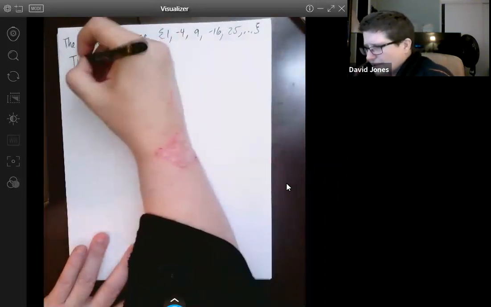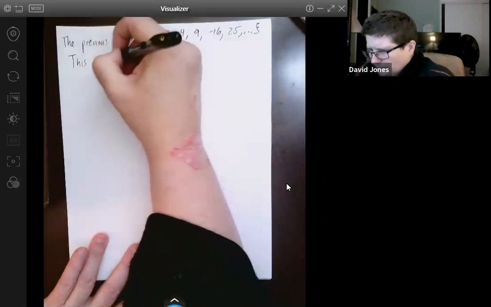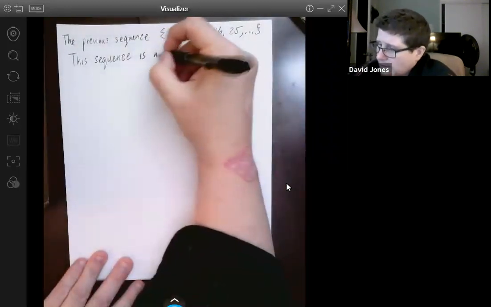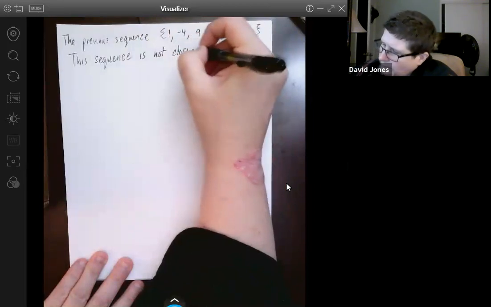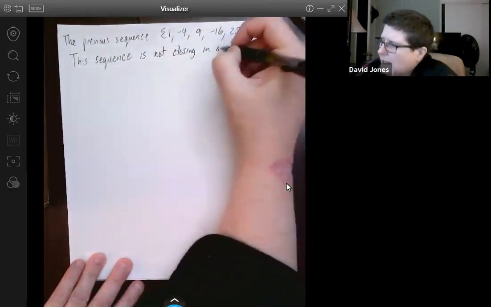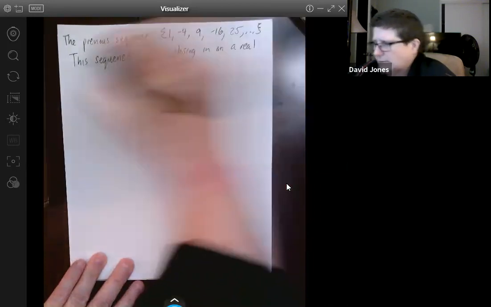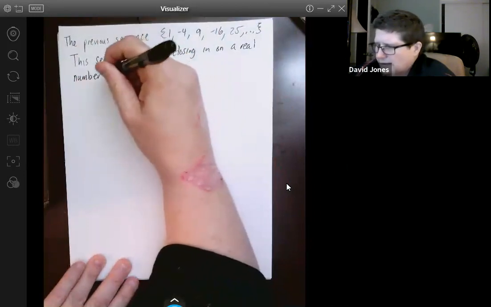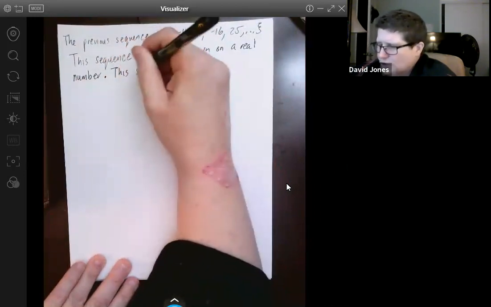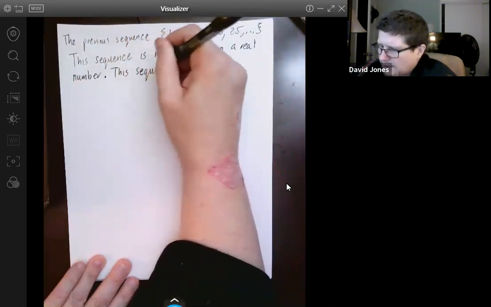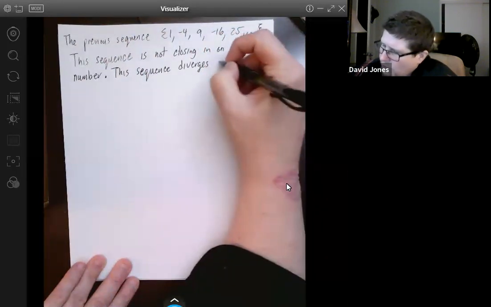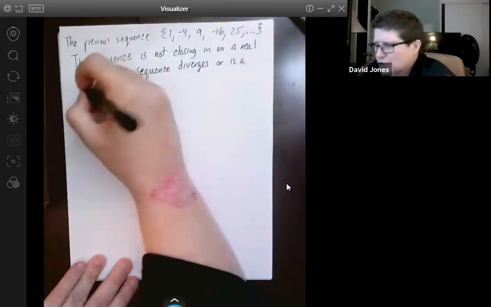This sequence is not closing in on a real number. This sequence diverges, or is a divergent sequence.